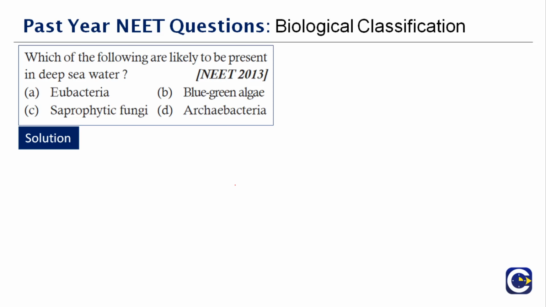If an organism is able to survive in such a condition, then it has something special in it, which makes the organism survive even in such horrible conditions. As we go into deep sea water, the atmosphere, everything will change. It's not just the salinity in the water, but everything will change: the amount of oxygen, the amount of carbon dioxide, there might be presence of different gases, but in spite of that, if they are able to sustain, then they have something special in their cell wall.